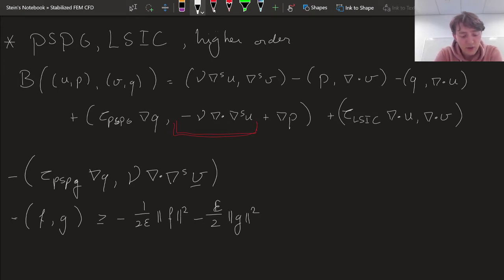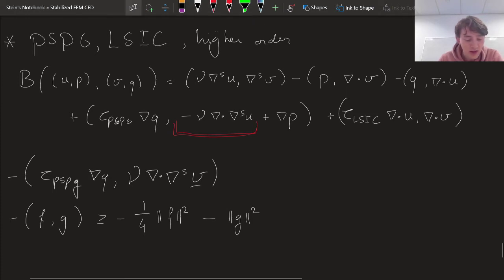And now I'll use this inequality with the choice epsilon is equal to 2. So what do we get if we have that? Well, we replace this by this. Now, this would also be true according to Young's inequality.